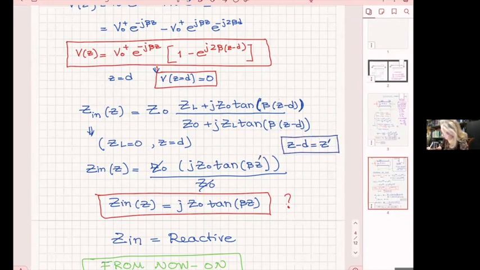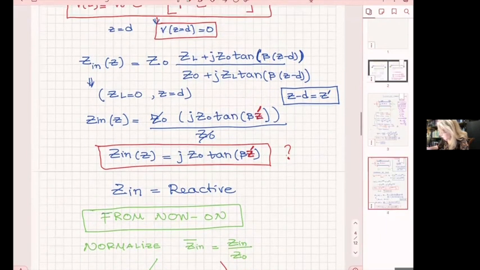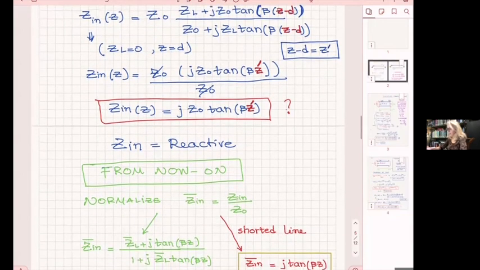Then this is about Z prime here. All right, so you remember this one, that it's the distance from the load, not the way we have it in our coordinate system, because it was this one. All right, so here is Z minus D, but this is the distance from the load.